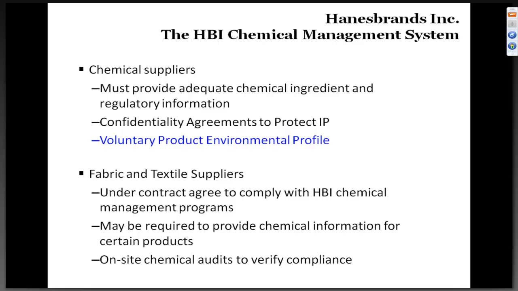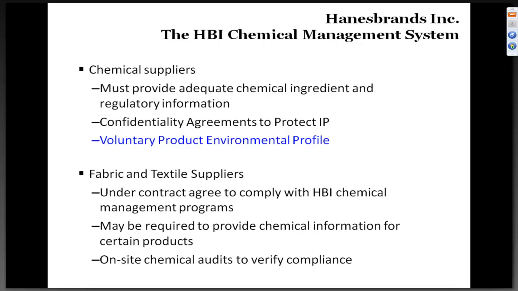Currently, we require our chemical suppliers to provide us this data already on a HanesBrands form, but this is a form that's going to go live, being developed by the American Apparel and Footwear Association and being offered to the community at large. For our fabric and textile suppliers, for when those occasions when we are not manufacturing product ourselves, they are under contract, they agree to comply with our chemical management programs.